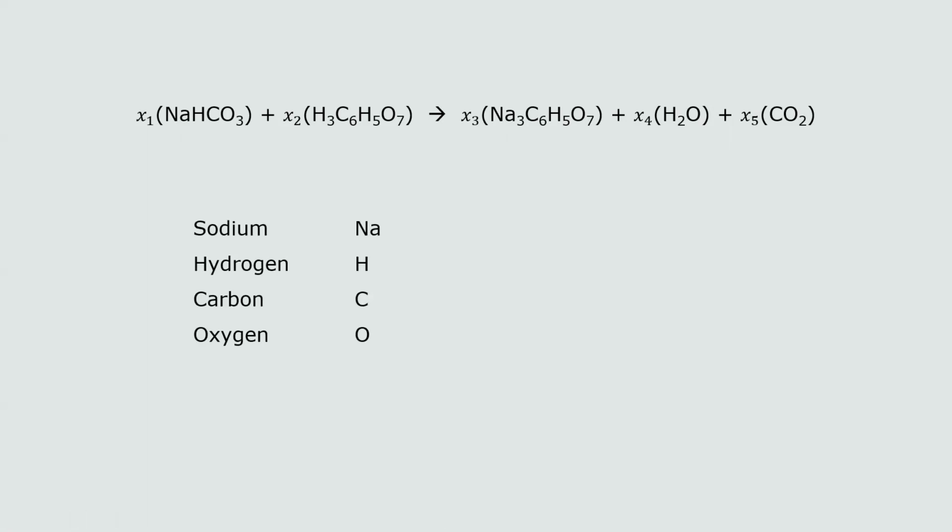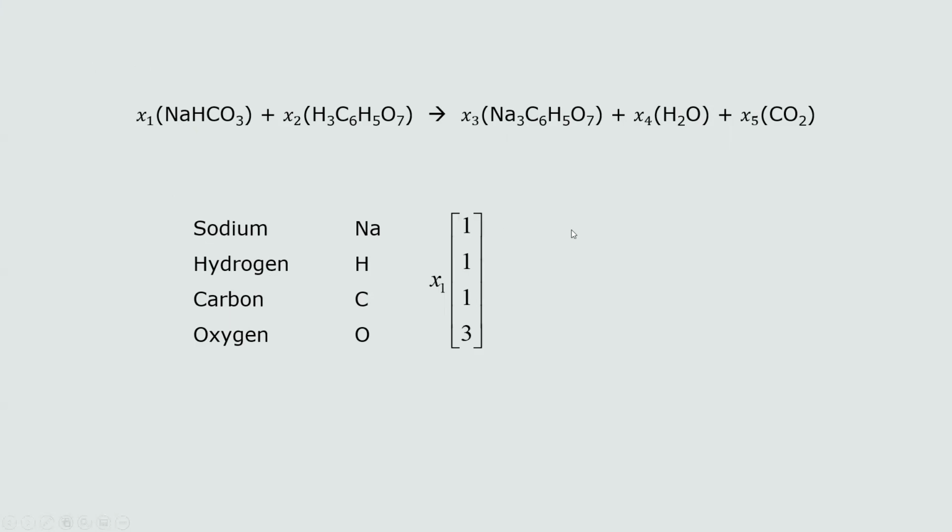What I'm going to do to make an equation so I can use linear algebra is focus on each atom. So sodium, or Na, hydrogen, H, carbon, C, and oxygen, O. So I'm going to look at this first one, x1 times NaHCO3.